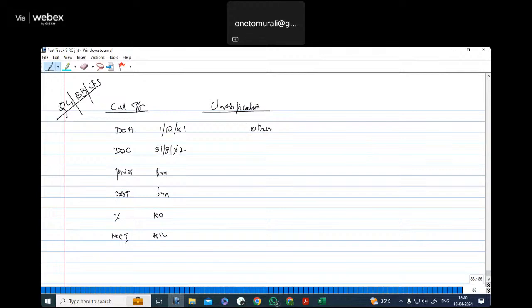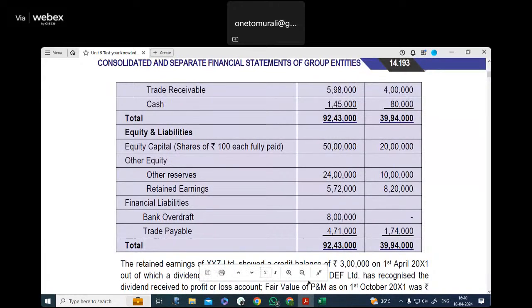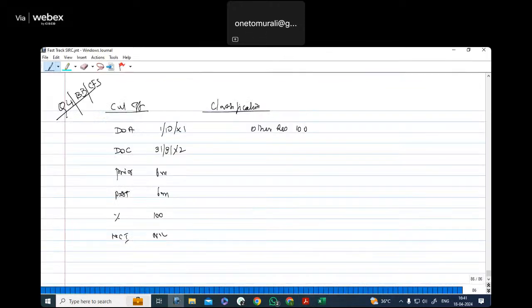Other reserves, 10 lakhs. Opening, same 10 lakhs. Increase nil.